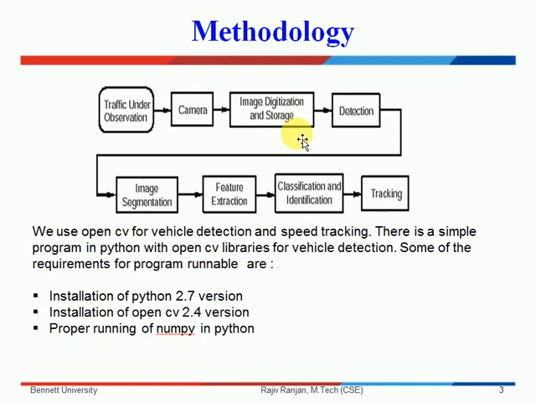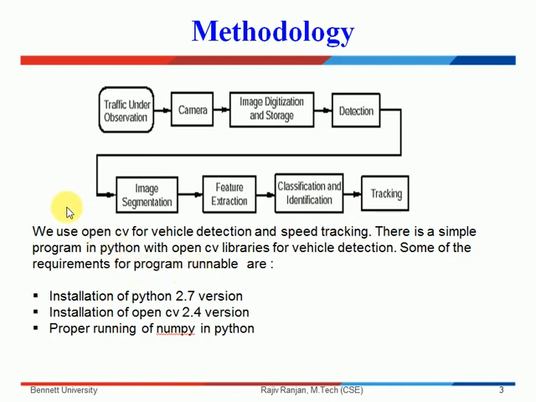One of the important ones is image subtraction, so that the detection of the vehicle can be done, and after that the image is segmented into different categories and the feature extraction is done. After that, with the classification and identification with various formulations, we can track that vehicle.